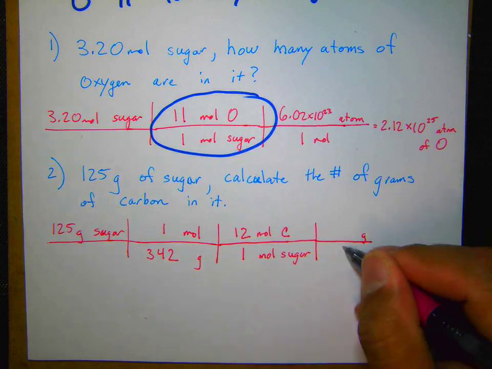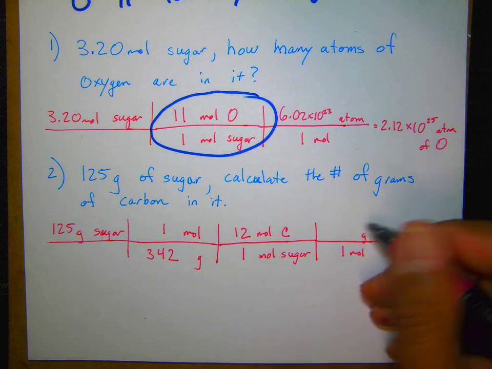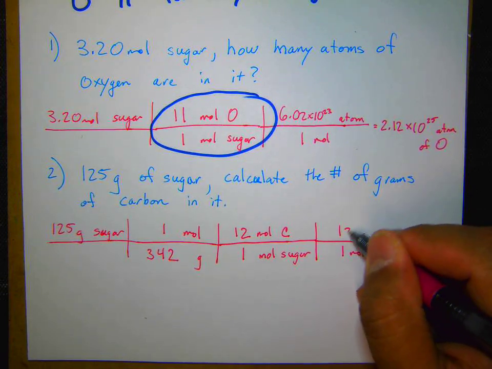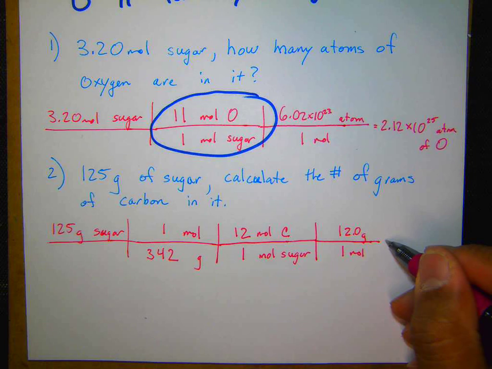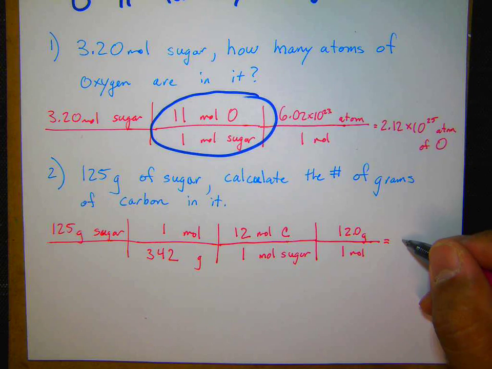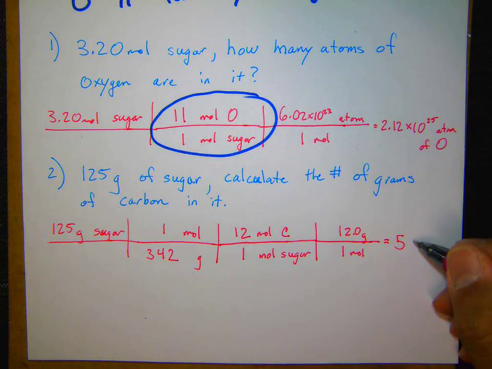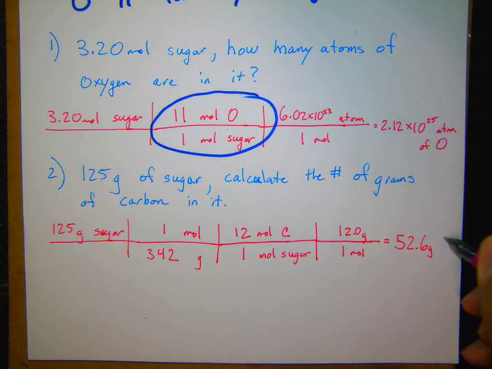We can then change it to grams of carbon. And the grams of carbon according to the periodic table, 12, right. All right, and we multiply across, divide by the bottom. Should get 52.6 grams of carbon.